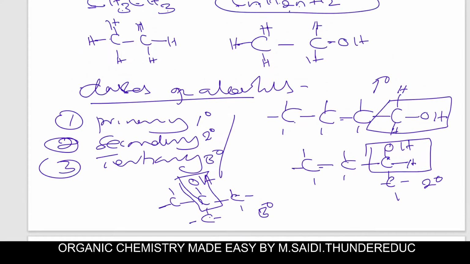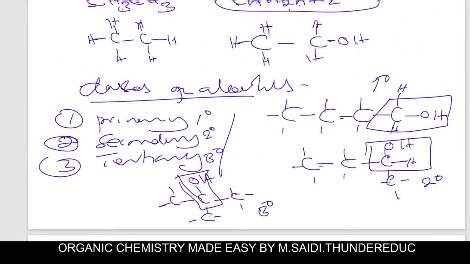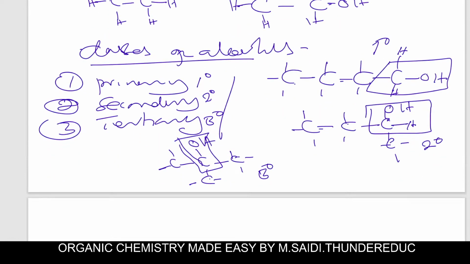I'm going to go through these classes nicely as we go on, but we are just hitting on it. They can ask you to identify the homologous series. You identify the functional group. You identify whether it is a primary alcohol or a secondary alcohol. Then you have to show that it is a primary alcohol because the carbon atom with the functional group is attached to one alkyl group.